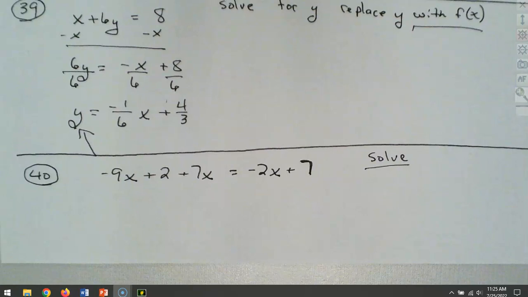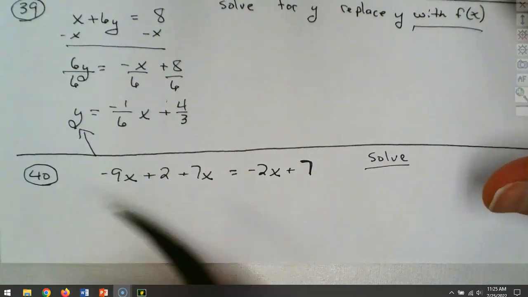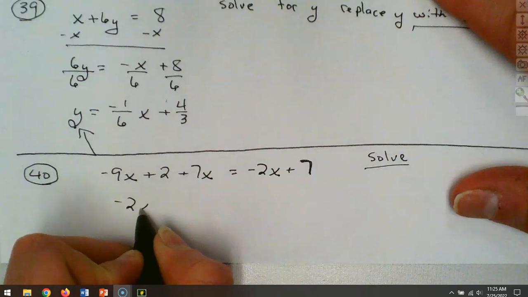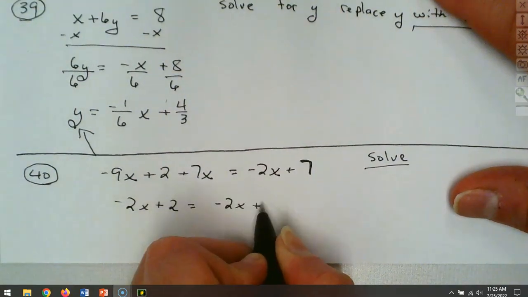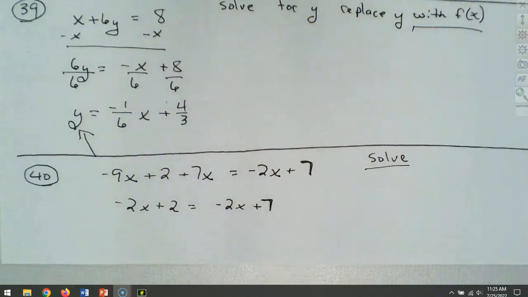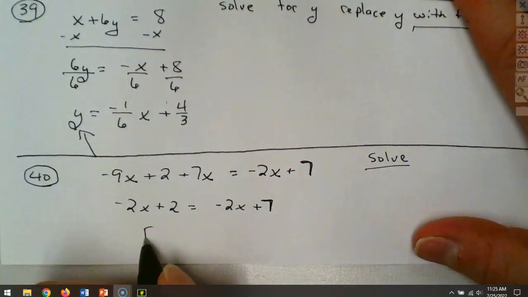Now, when we try to solve it, we combine like terms, and so that gives you minus 2x plus 2 equals minus 2x plus 7, right? Okay. I'm not going to finish it, but you can.